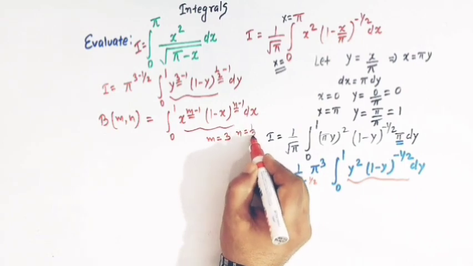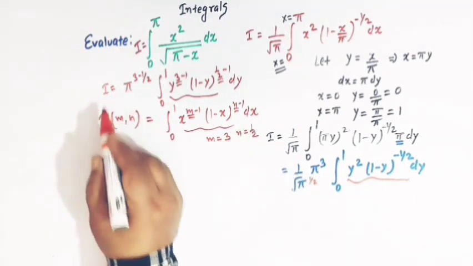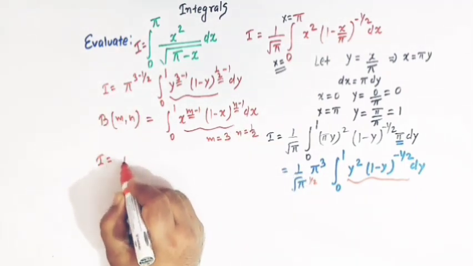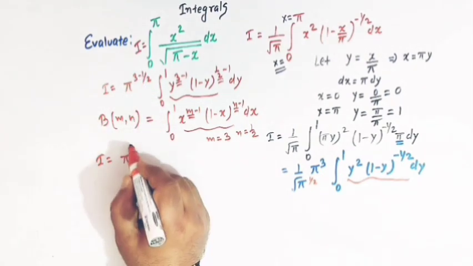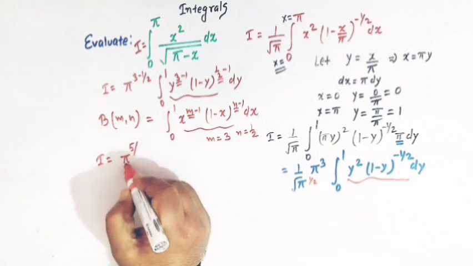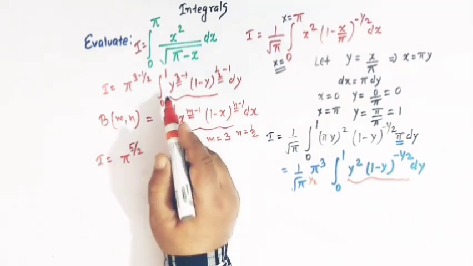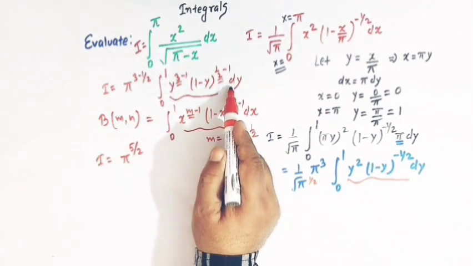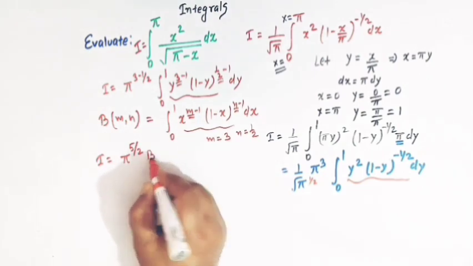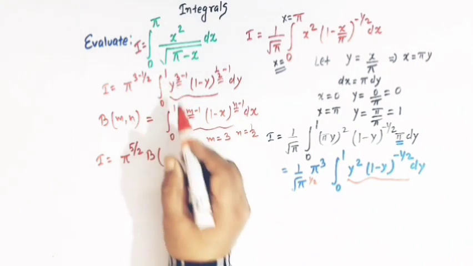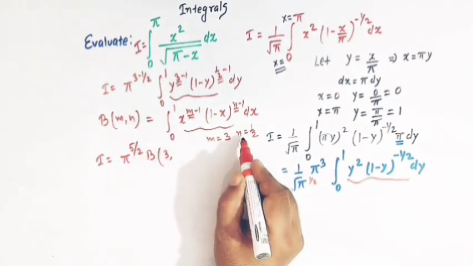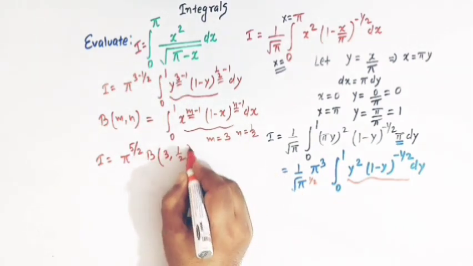So now we have I equal to pi raised to 3 plus 1 over 2 minus 1, no, 6 minus 1 over 2, that is 5 by 2. So we have pi raised to 5 by 2, and this integral is now written as beta of m, n. So m is 3 and n is half, right?